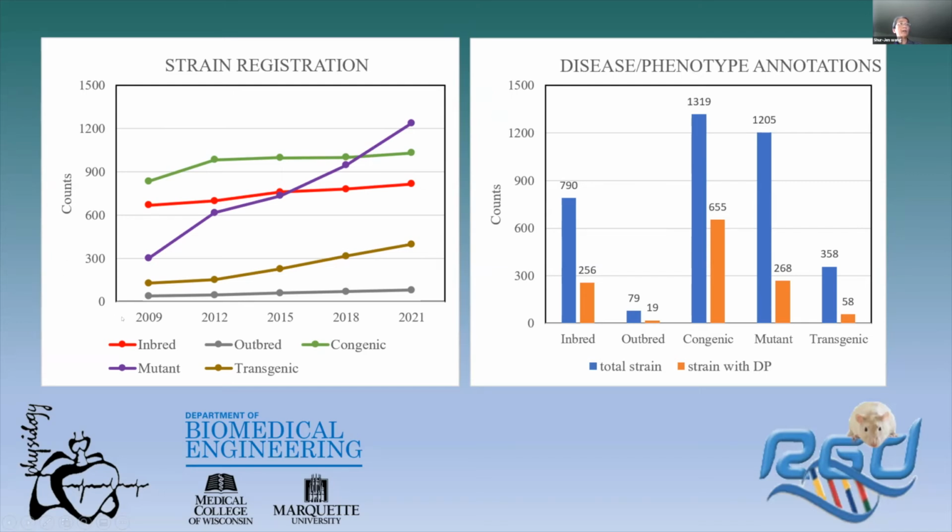Over the past 10 years, we have been seeing a steady increase in the registration of mutant strains in contrast to other strain types. And we are expecting that the annotation of mutant strains will increase since there are more publications coming up.